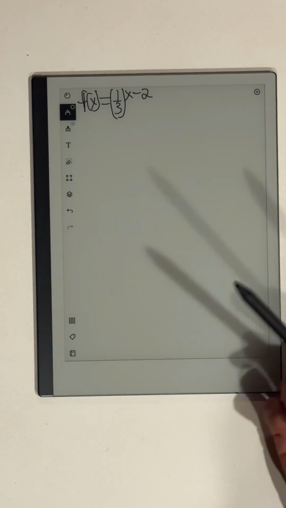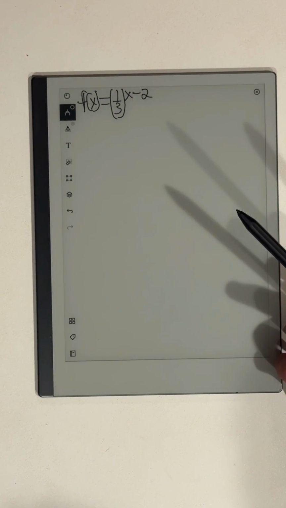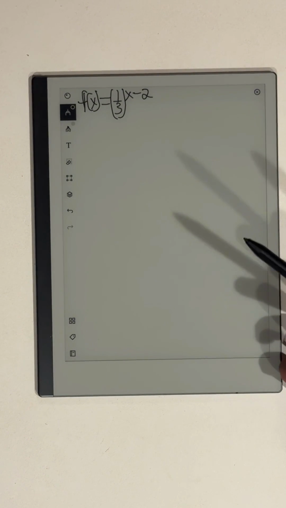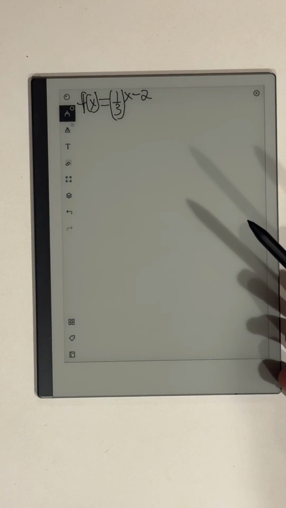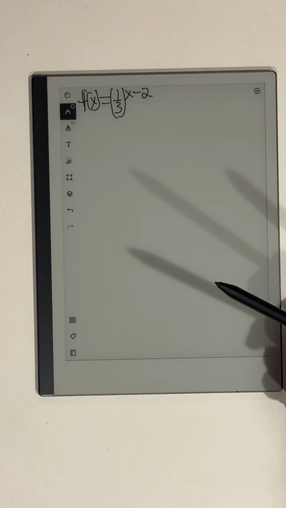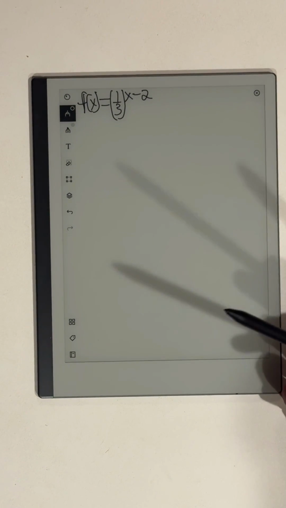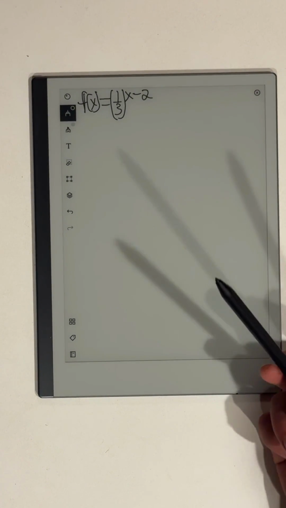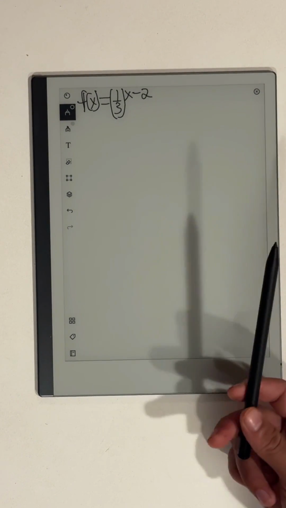I'm going to explain how to get your points and graph it in pretty much 4 different steps. So the first step, you're going to want to understand the base function. In this step, you will need to identify the parental function.